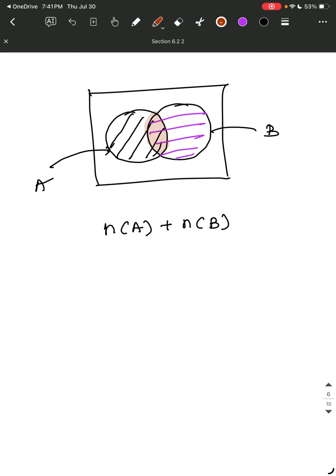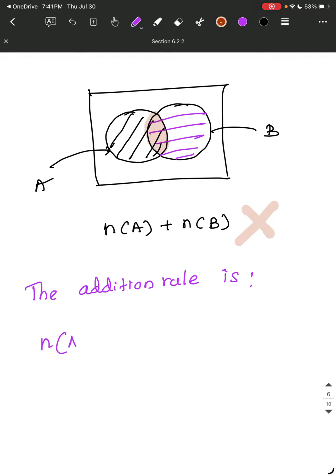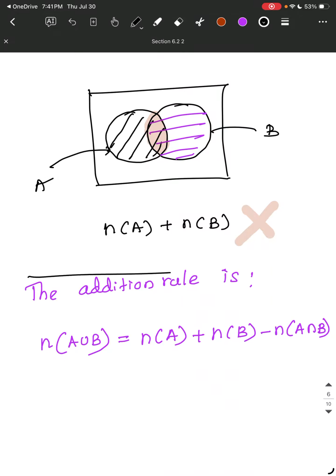The addition rule is: n(A union B) equals n(A) plus n(B) minus n(A intersection B).